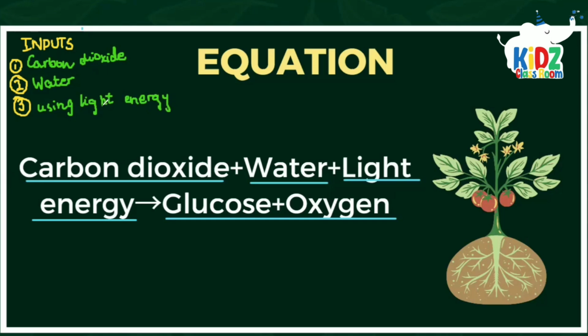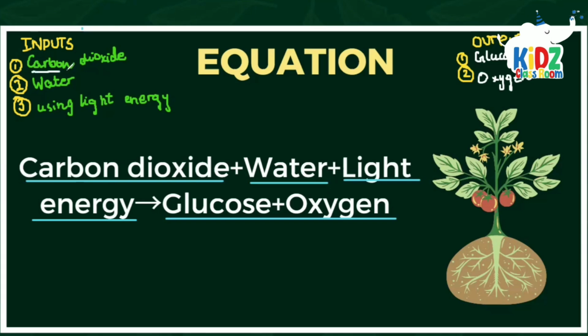Now let's write the outputs. Glucose and oxygen. So here are the inputs and outputs of the process photosynthesis.